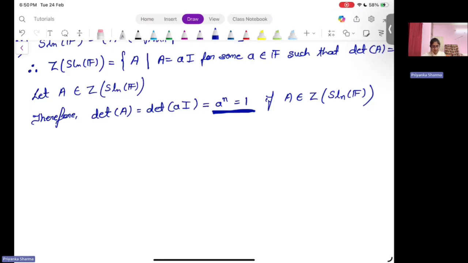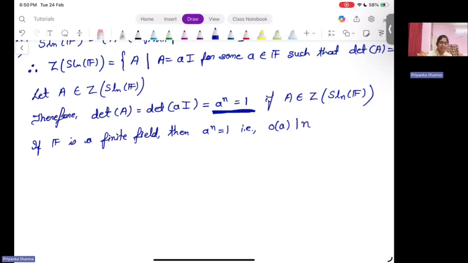So let's split the case into finite and infinite field. If F is a finite field, then a^n is 1. This implies that the order of a divides n.